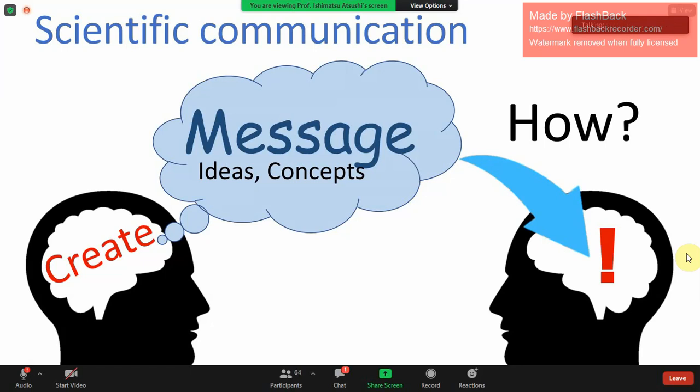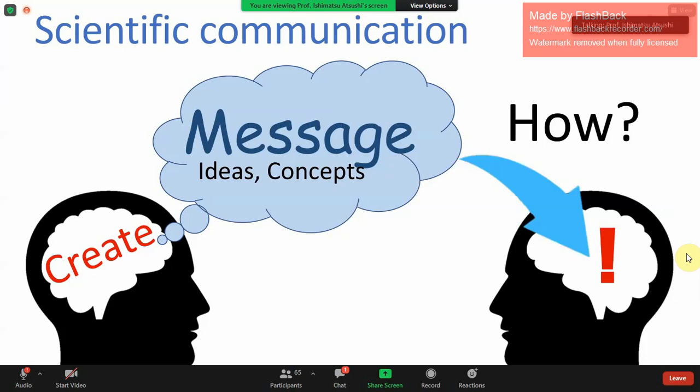But the important thing is that these ideas and concepts must be conveyed to your colleagues or other persons as a message, okay? And make them understand the meaning and the value of the message you would like to tell them, okay?